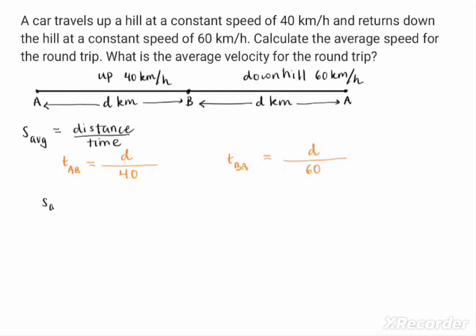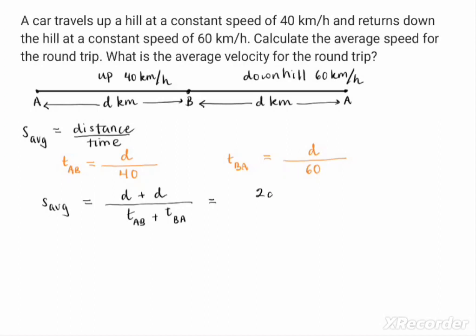So let's go back to average speed now. So average speed is distance over time. So what's the distance? From A to B to A, we are going D up and D down. So we have D plus D, and that's our distance. And then time is our TAB, that is going up, and then TBA, which is the time going down.